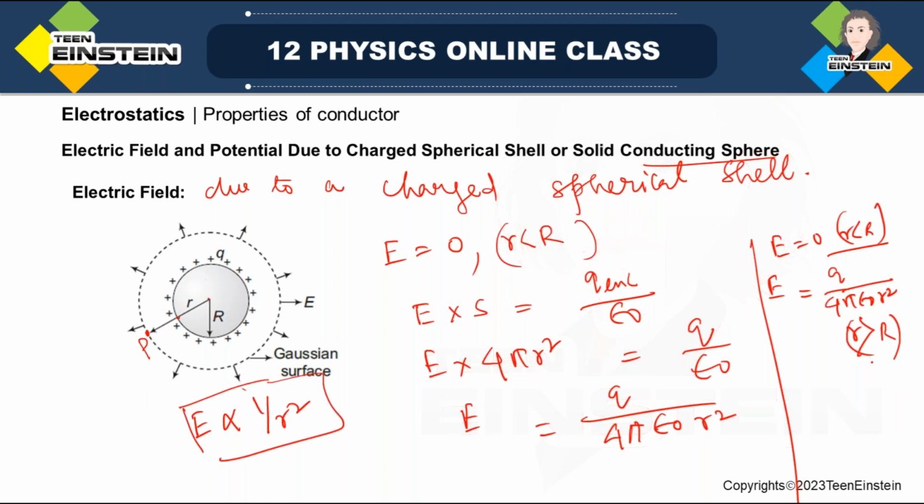Now I have got two limits. What about the electric field just at the surface? On the surface we get Q by 4 pi epsilon naught capital R square.